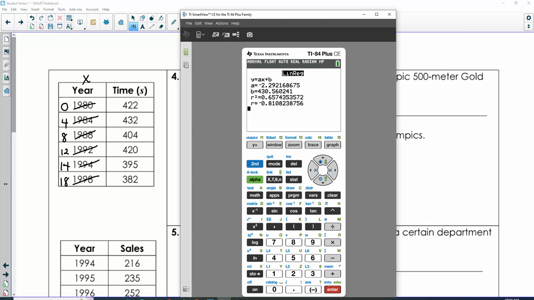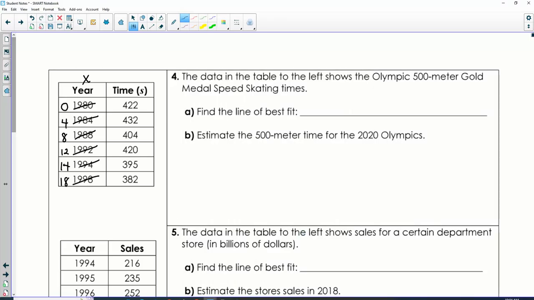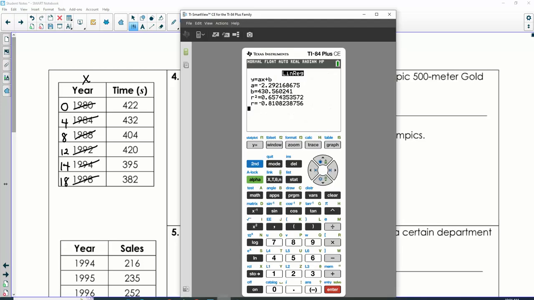My A is negative 2.29. My y-intercept is 430.56.